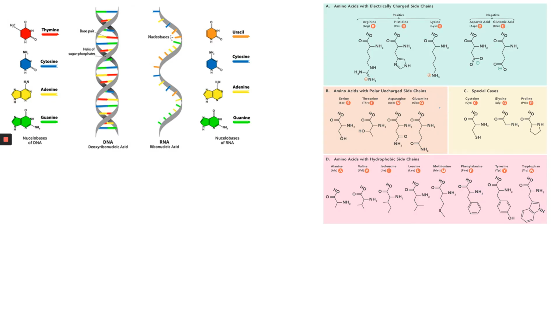So what languages are we talking about in this case? Well, we have our nucleic acid language, in which we are dealing with, to start with, in our DNA, adenine, guanine, cytosine, and thymine, or A, T, C, and G, right?